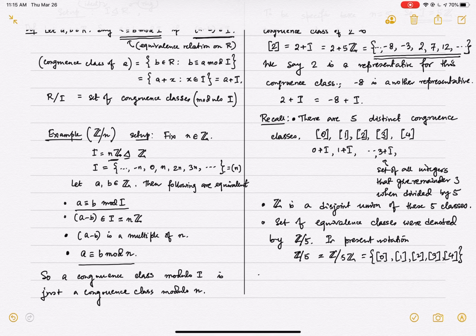We saw that we can define plus and dot on Z mod 5 and turn it into a ring.